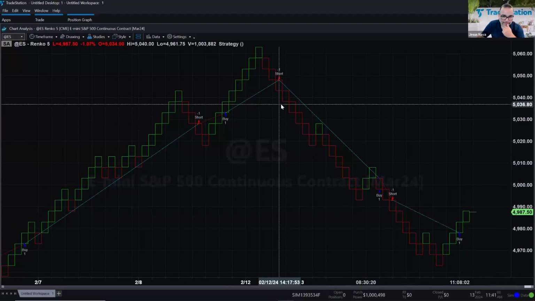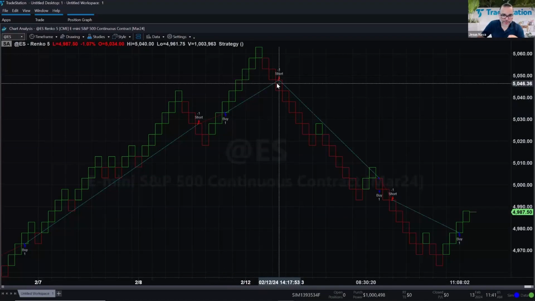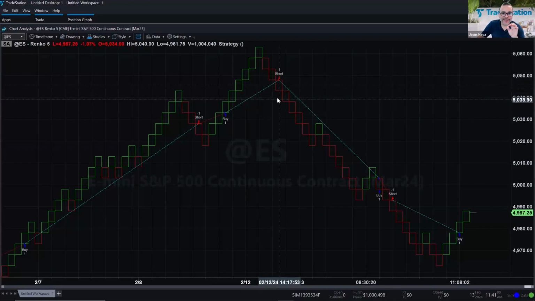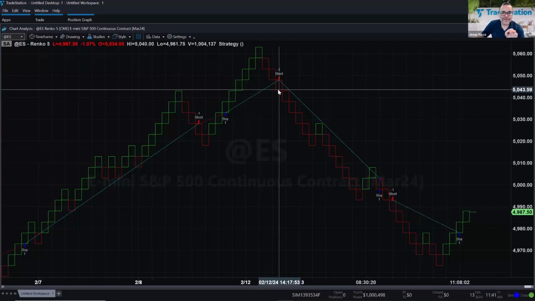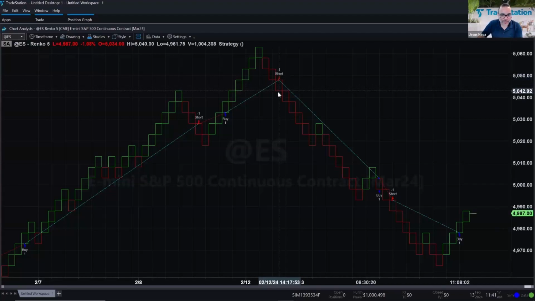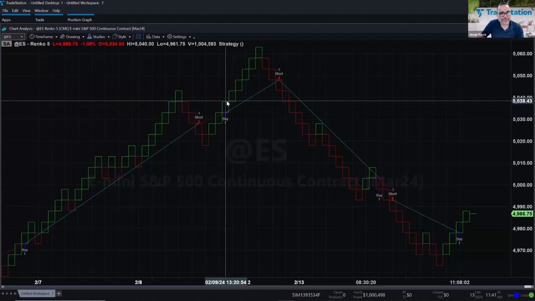every time that you have an entry on this particular strategy, notice that there's movement in the positive direction. Every time we enter short, the short entry is at the top of the box. So the movement is down. So that's profitable. Here we have a long entry. Notice that it's at the bottom of the box, meaning that the prices are going up and it's profitable.